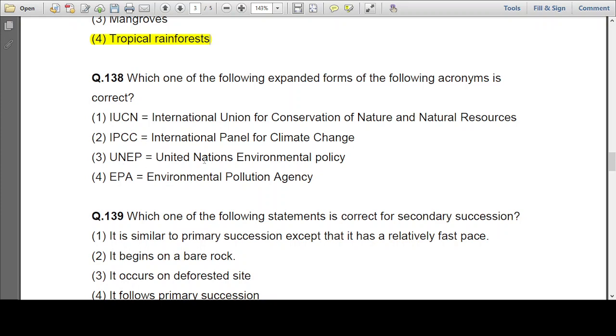UNEP, United Nations Environmental Policy, no, it is United Nations Environment Programme, so again not correct. EPA, Environmental Pollution Agency, no, this is again not a correct expansion. So the correct answer is option number 1.